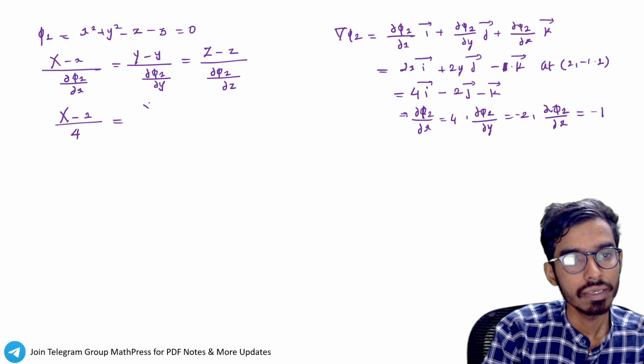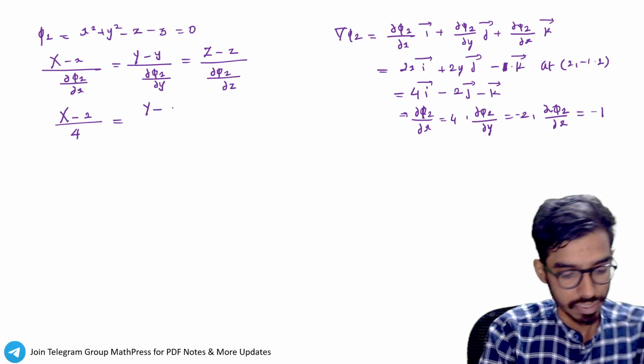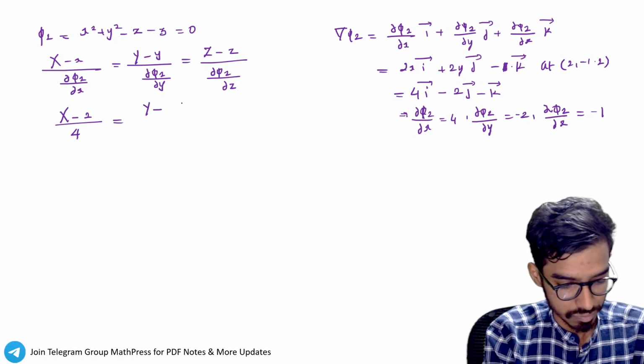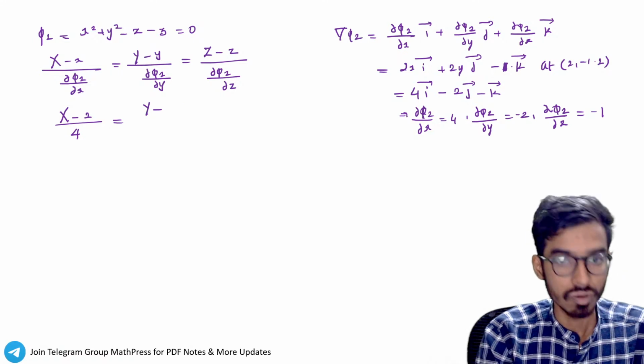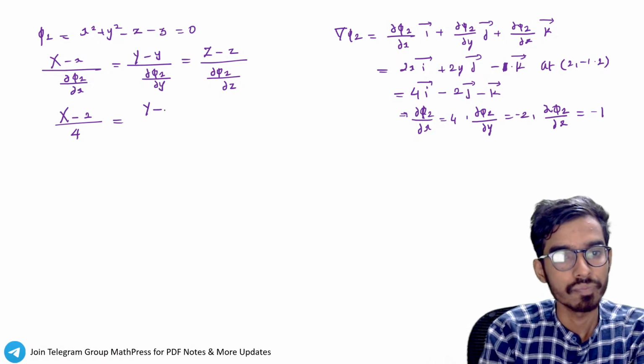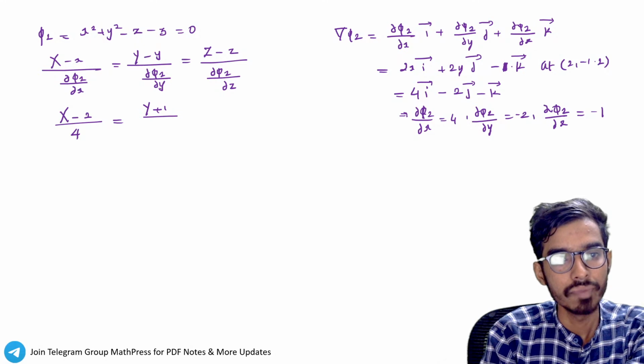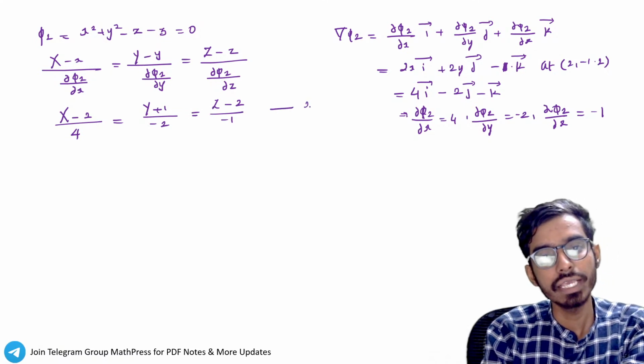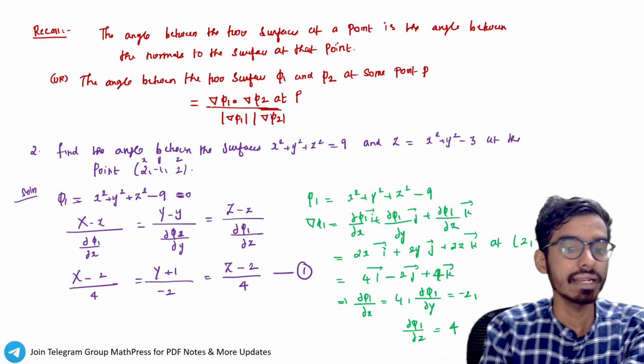So (capital X minus 2) divided by 4, (capital Y plus 1) divided by dou phi2 by dou y, which is minus 2, and (capital Z minus 2) divided by minus 1. So this is the equation of the second normal line.